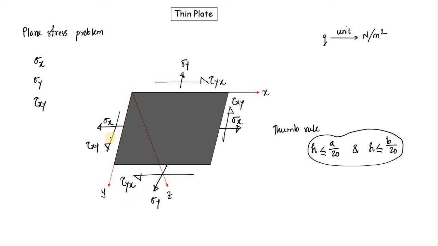Okay, so from equilibrium we know that tau xy equals tau yx.